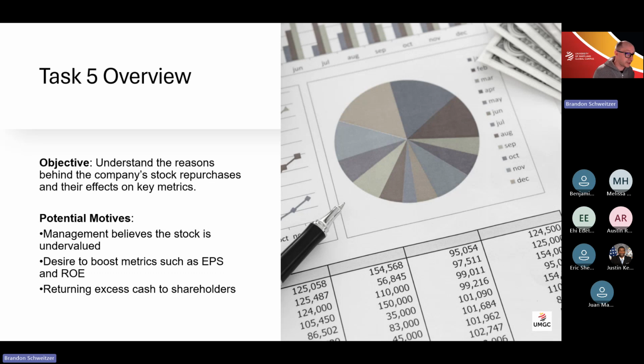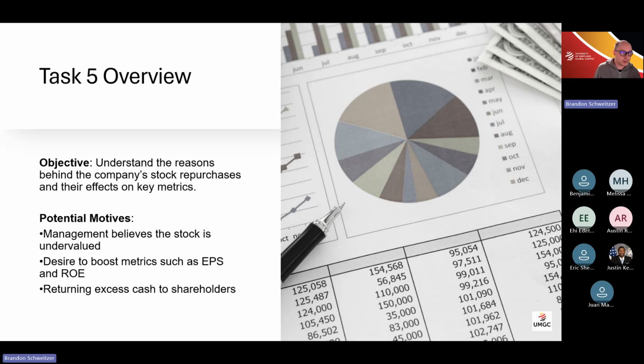If management thinks that the stock is being undervalued, the way to raise the stock price is to have less of it available, right? Simple supply and demand. So if you purchase back your own stock, less of it's going to be available, and it's going to raise the stock price. The other reason why the company might engage in a stock repurchase program is to boost other metrics within the company, like earnings per share and return on equity.